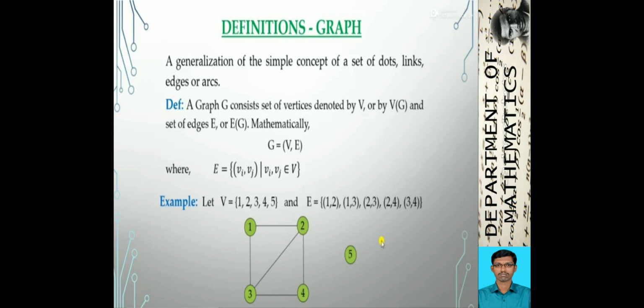First we draw the vertices. We have 5 vertices: 1, 2, 3, 4 and 5. Now draw the edges 1-2, 1-3, 2-3, 2-4 and 3-4. So this is our graph.